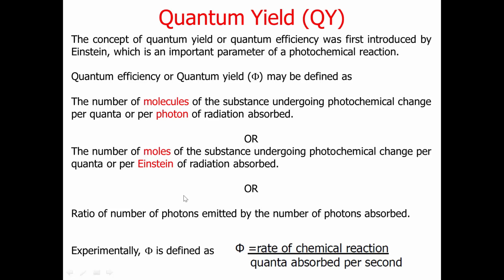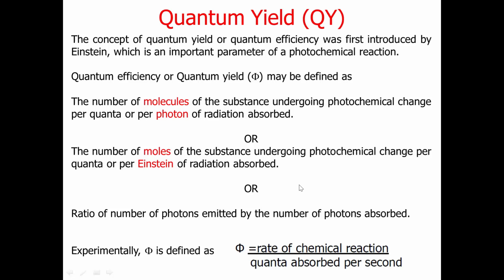So phi is equal to the rate of chemical reaction divided by the quanta absorbed per second, that is, the formation of product d[product]/dt divided by the number of quanta absorbed, which can be written as the rate of absorption. This is the definition and mathematical form of quantum yield.